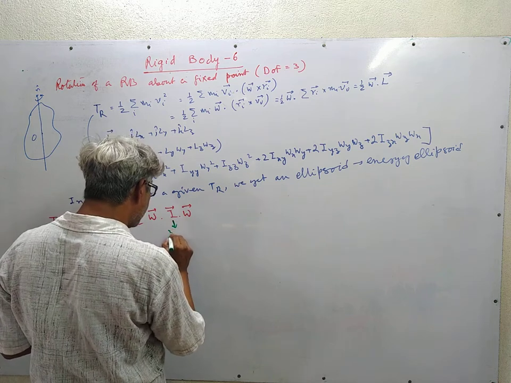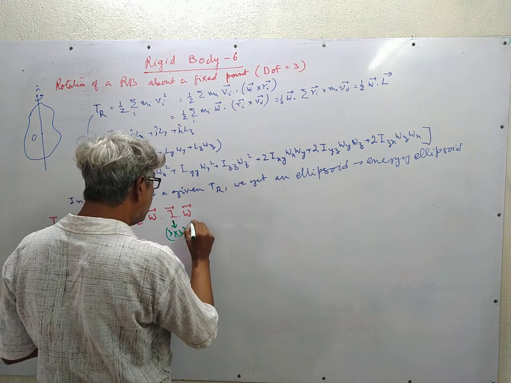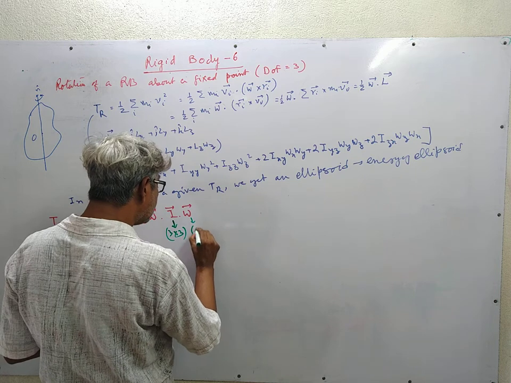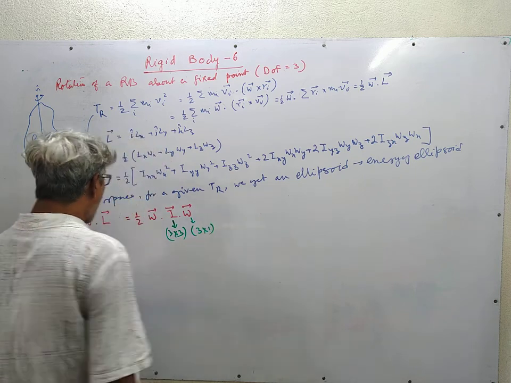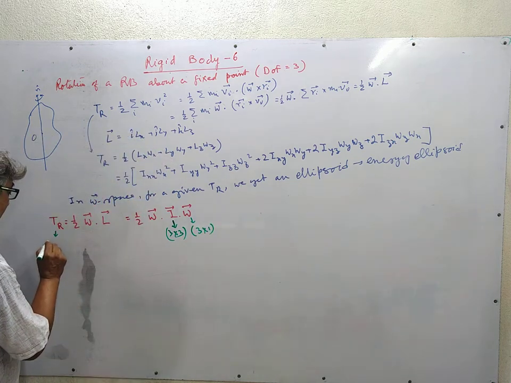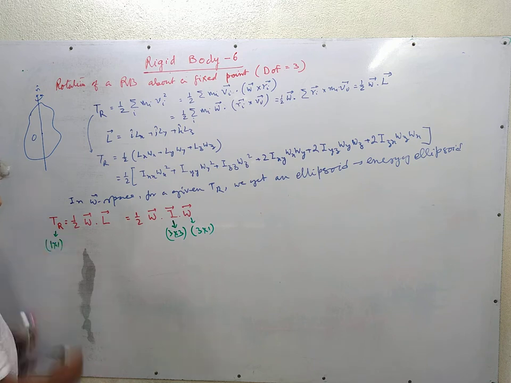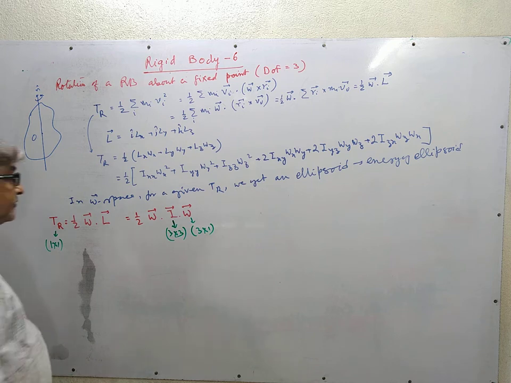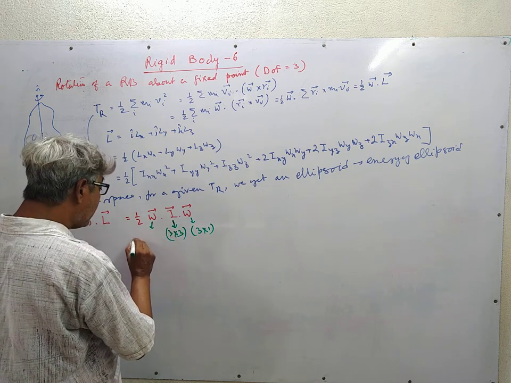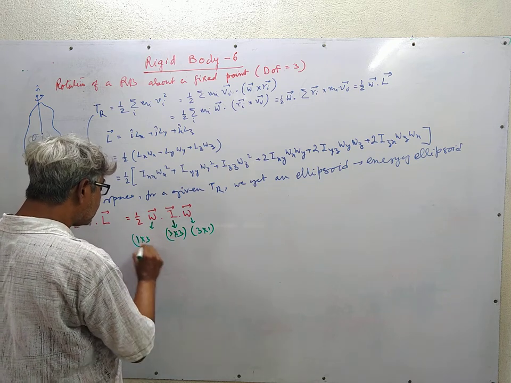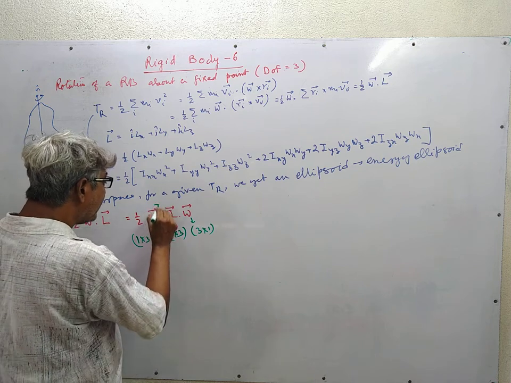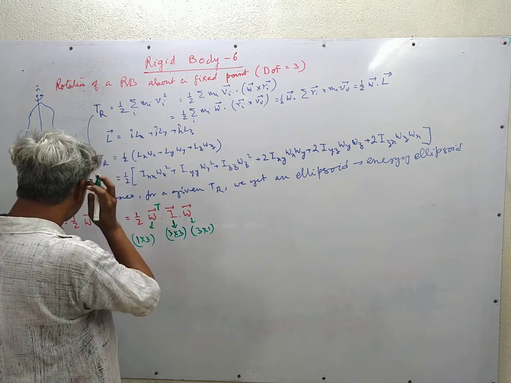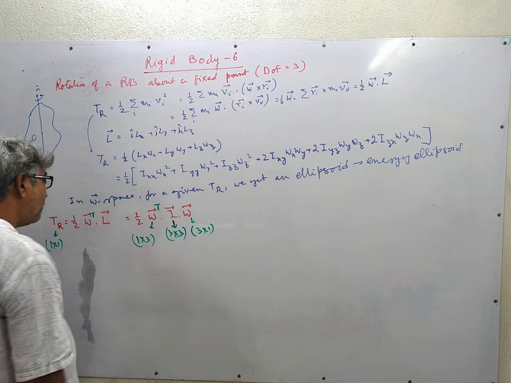This is a column matrix, so a 3 cross 1 matrix, and this one is a scalar, that is a 1 by 1 matrix. So for the matrix multiplication to be possible, this should be a row matrix. So we put a transpose of omega.